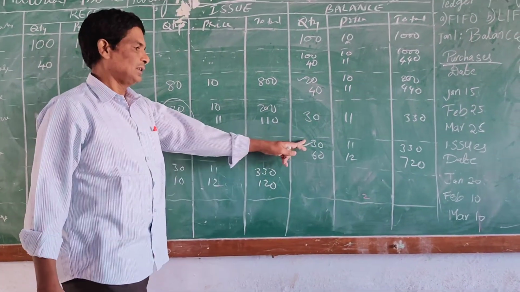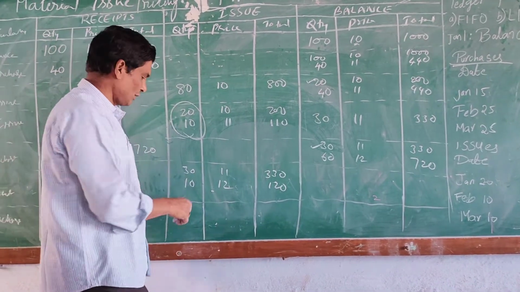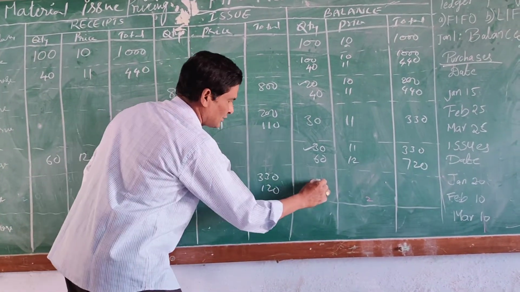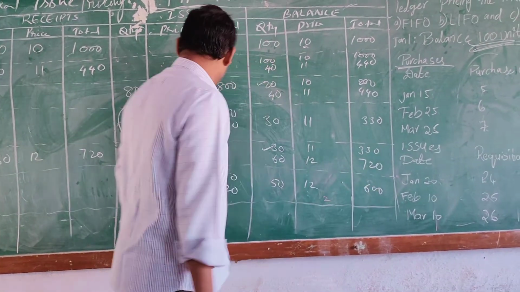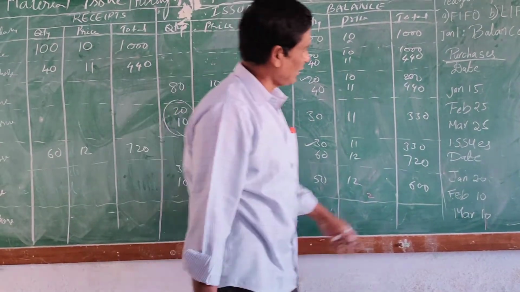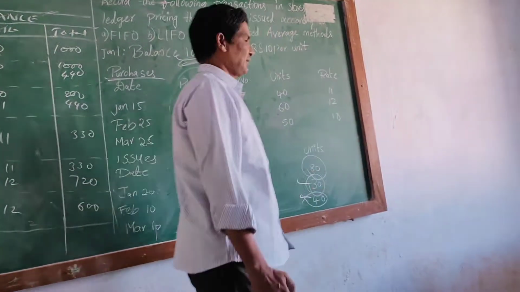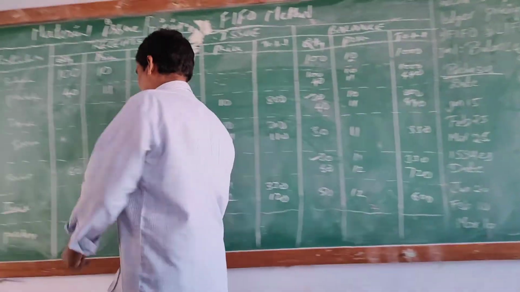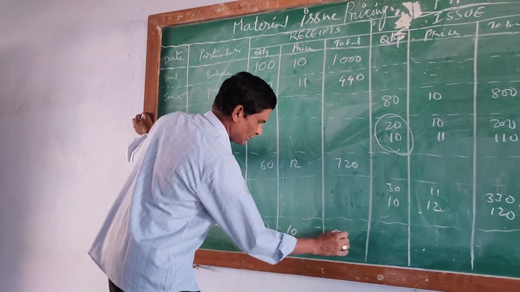Next, from the 60 units, 10 units were issued. 60 minus 10, how much? 50 units into 12, 600. So last but not least, March 25. What happened? Another purchase of 50 units at 10, that is 500.